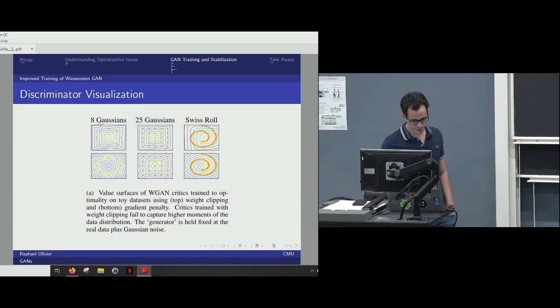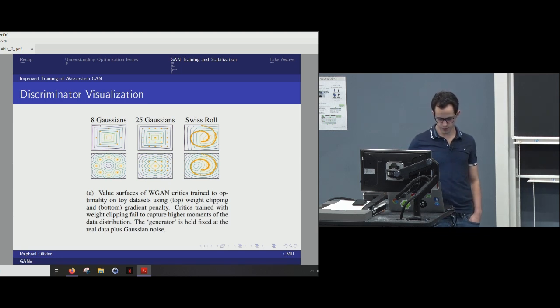So we can get a bit of visualization of default WGANs with this version of WGANs. You can see the target distribution in yellow, and the values of the critic in different areas of the plane. You can see that if you clip the gradients of the discriminator, you get stuff that is locally linear.